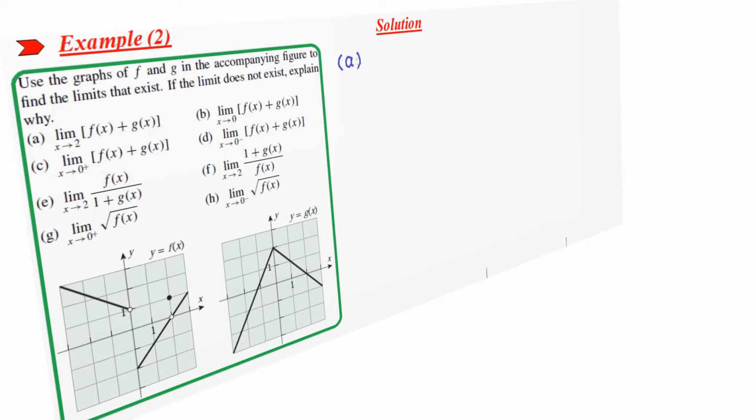Part A, we want to find limit f of x plus g of x. This is the function f of x, and when x goes to 2, this is 2. Okay, so limit f of x when x goes to 2 is equal to 0 from the graph, plus limit g of x when x goes to 2, this is 2.